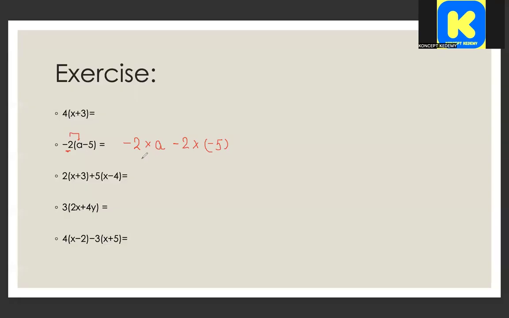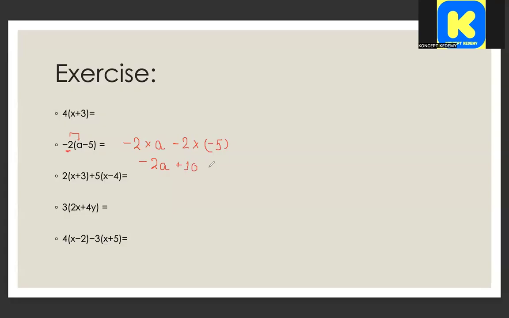So minus 2 into a will become minus 2a. Now, what sign will come? Minus minus, we know that's plus. In multiplication, when we multiply the same signs, we get a positive. Like if we multiply two positive numbers, 2 into 5 will be plus 10, and minus 2 into minus 5 will also be plus 10, because minus minus is plus.